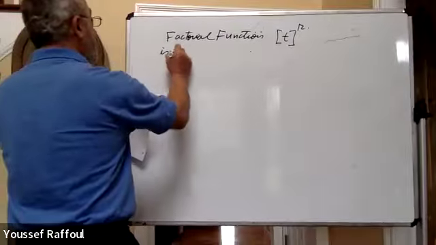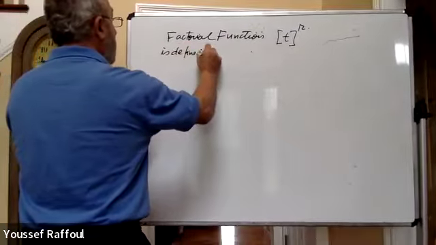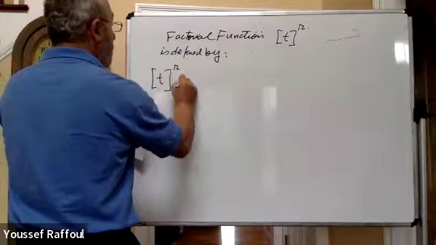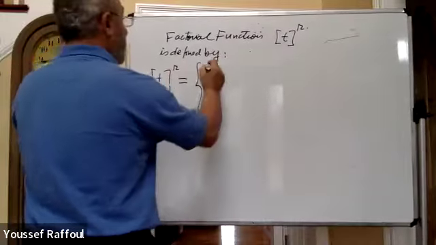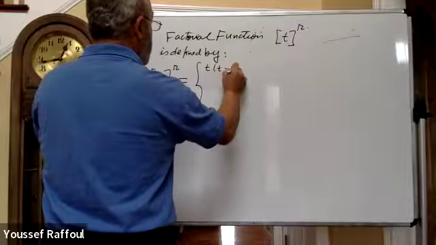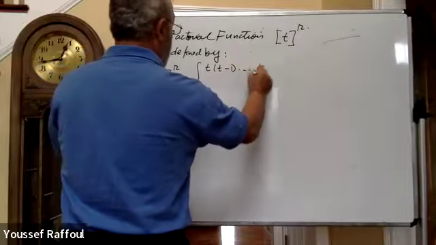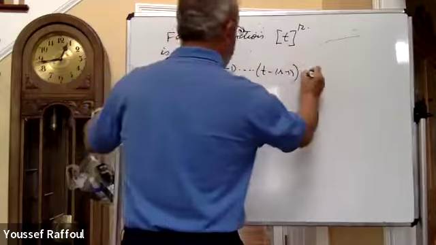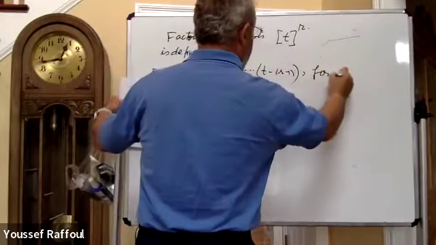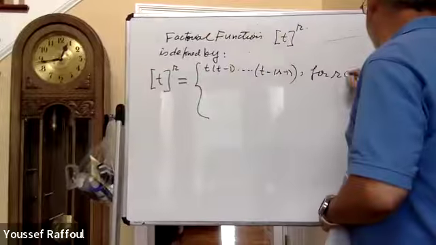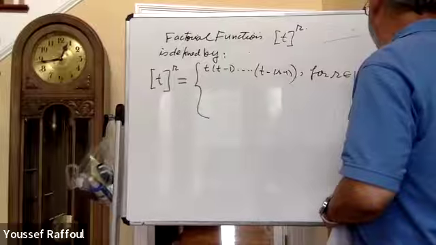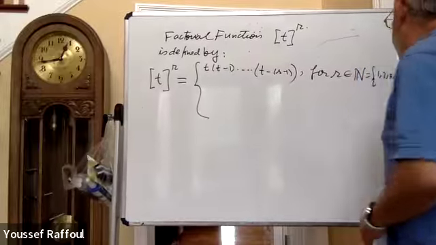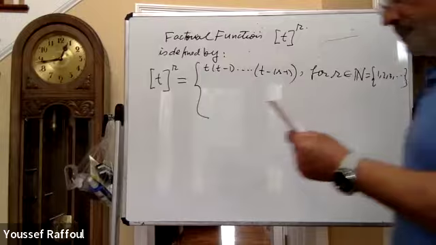So it's defined by t to power r is t times t minus 1, up to t minus r plus 1, for r in N, which is 1, 2, 3, and so forth. This is the set of natural numbers.